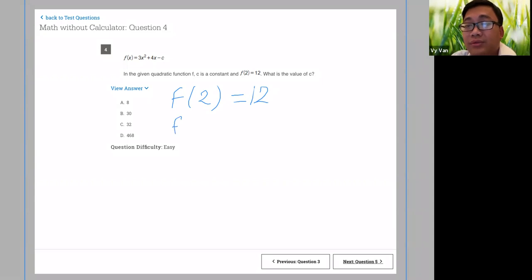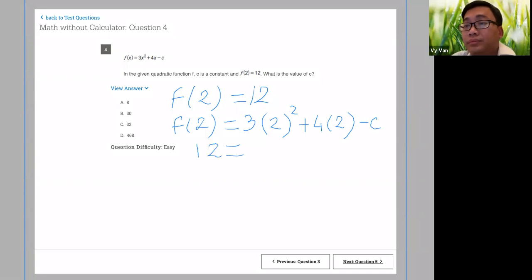So f of 2 means when x is 2, instead of x, we replace all the x with 2 in the original function. And this equals 12. So 12 plus 8 minus c. So c is 8.